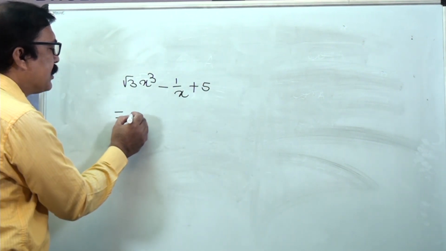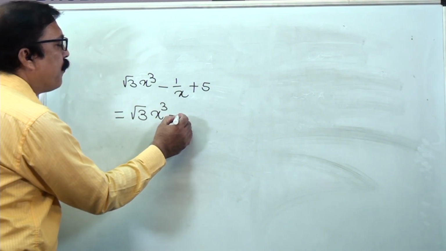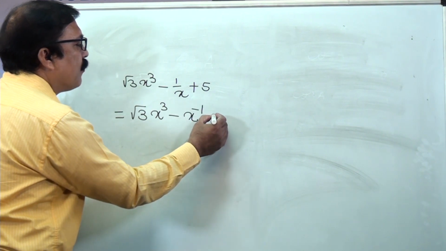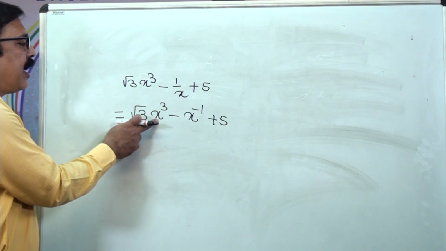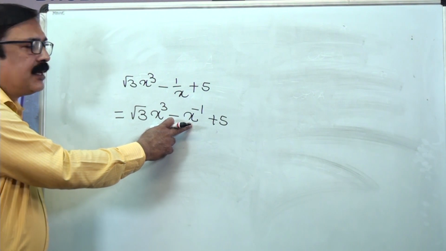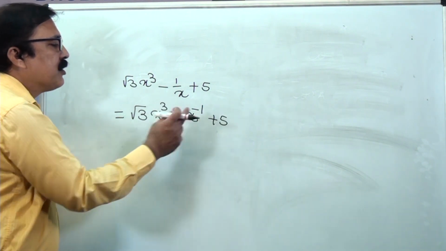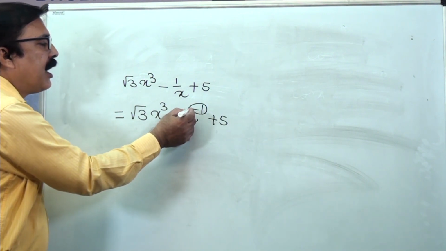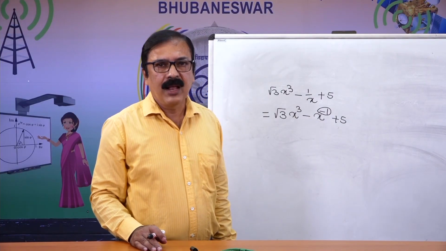We can write this as root 3 x cube minus x to the power minus 1 plus 5. Here the exponent of x is 3, here the exponent of x is minus 1, and here it is a constant. As the exponent is a negative integer, this cannot be a polynomial.